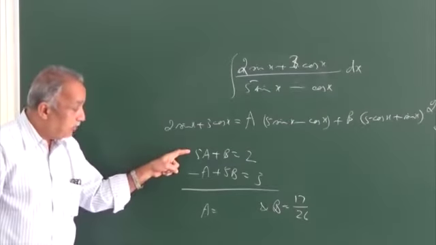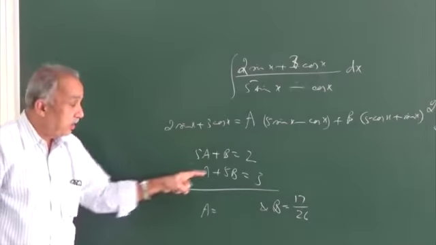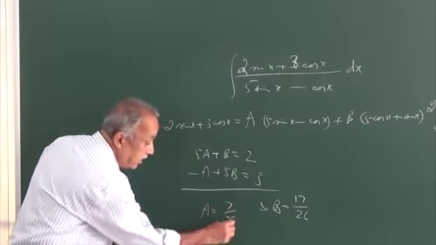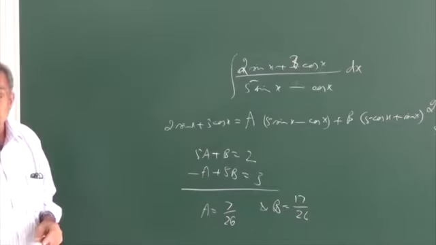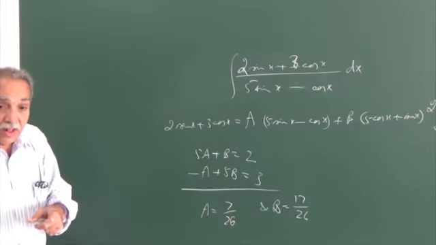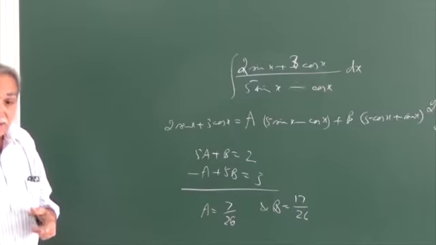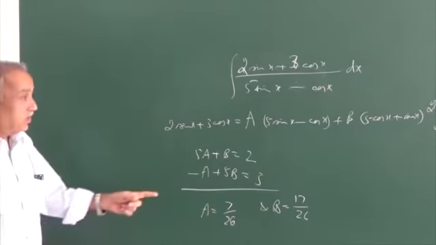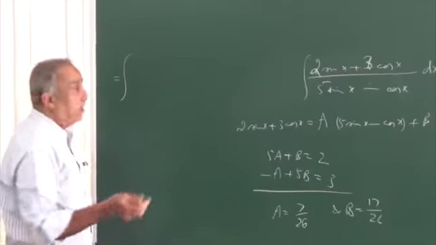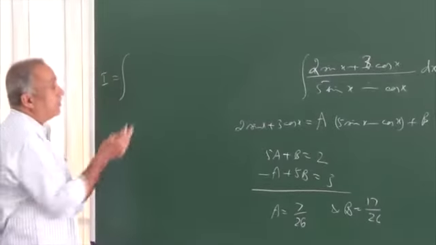You will get 25a minus a, 26a equal to 10 minus 3, 7. Am I right? Correct.